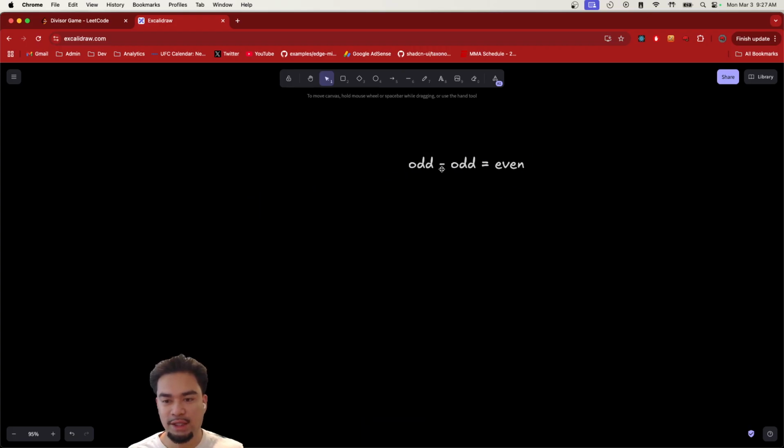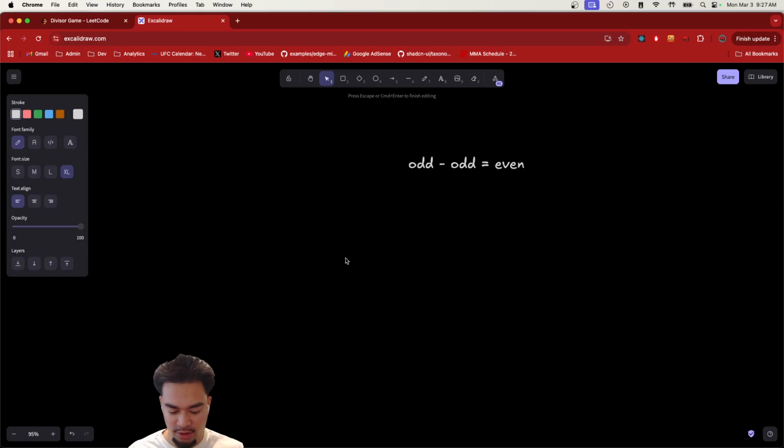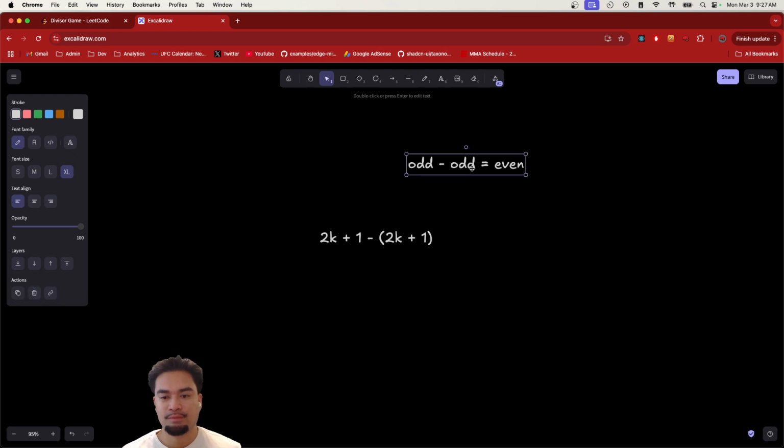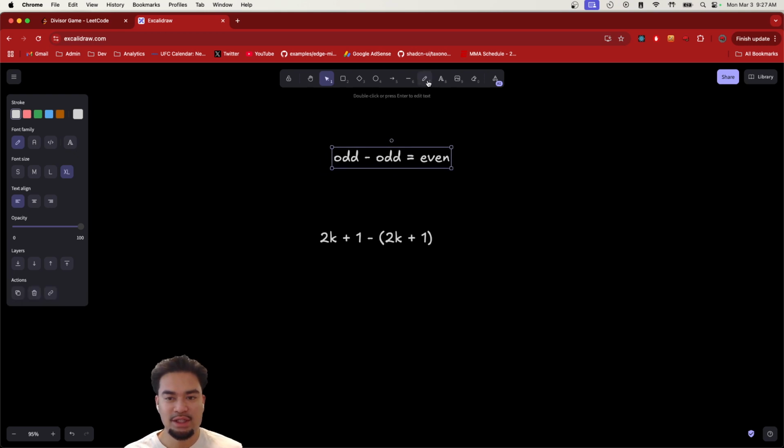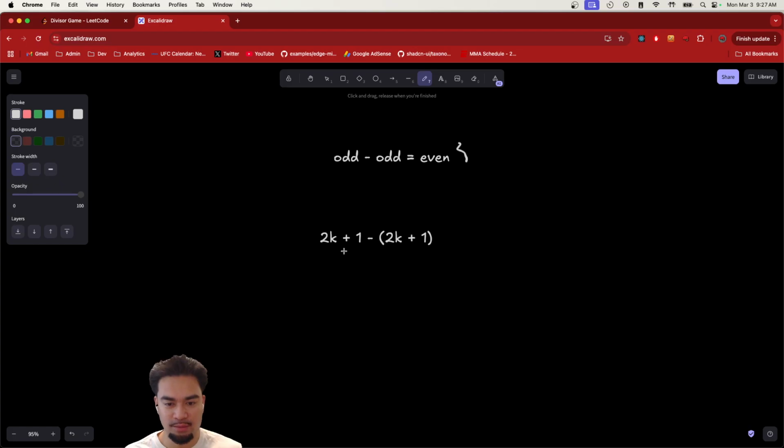As I mentioned, odd minus odd is equal to even. So what's odd minus odd? What's an odd number? 2k plus 1 minus 2k plus 1. Now let's simplify that and see if it turns into an even number. We know an even number is anything that's a multiple of 2.